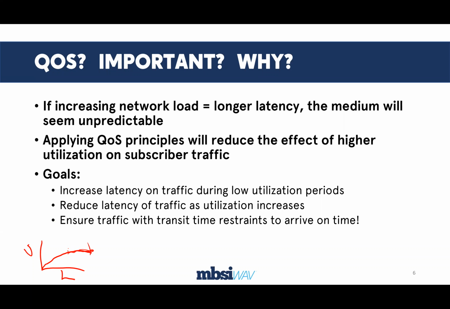It should be flat. We want to get to the point where, when we have a higher utilization, our latency flattens out and doesn't change very much with the utilization as we load up our network. This is one of the goals. And of course, the bottom line is that for traffic with transit time restraints, we want it to arrive on time.